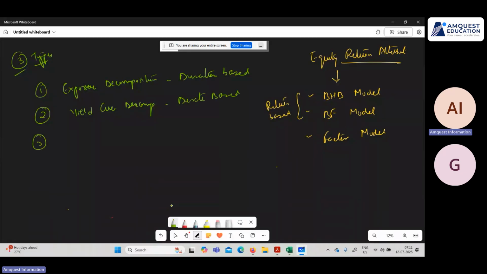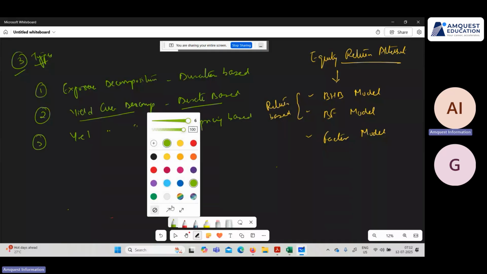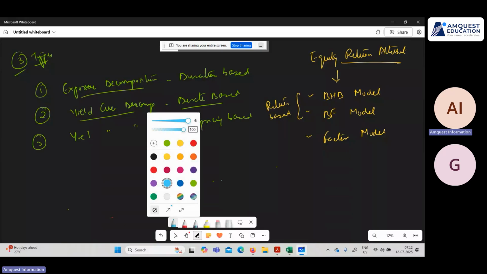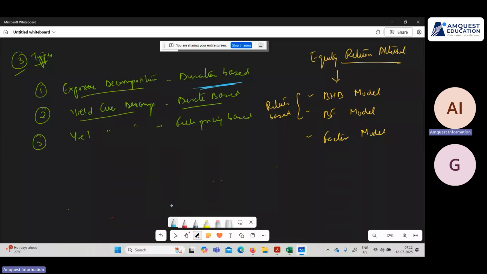And the last one is yield curve decomposition, but full pricing based. I'll tell you what the duration is. So this is exposure decomposition, which is duration based. These two are yield curve decomposition.